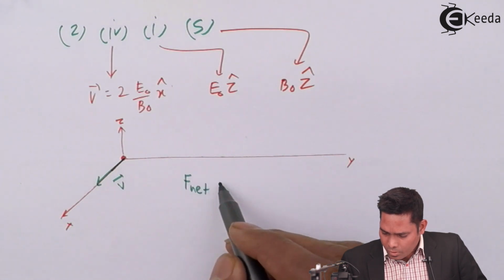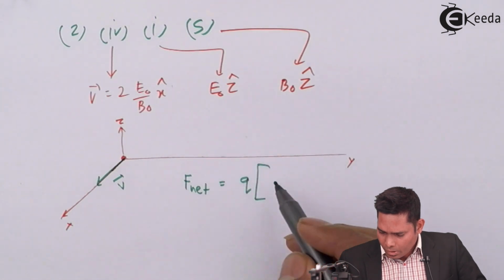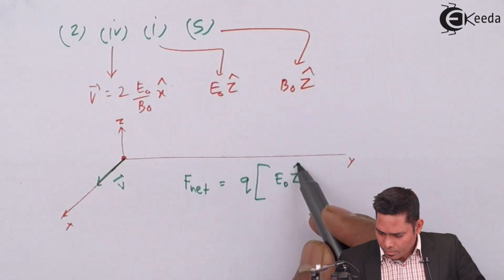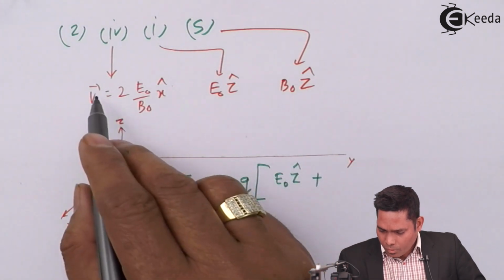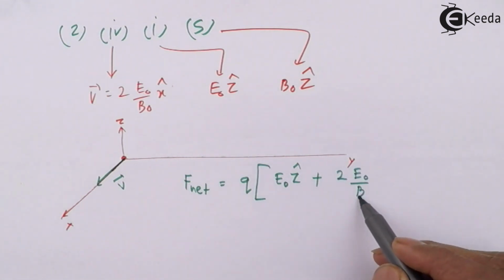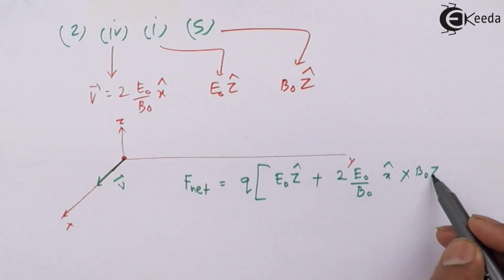We'll see whether the net force is zero. Net force is Q, E. E is this one, plus V cross B, that is 2 E naught by B naught X cap cross B naught Z cap.